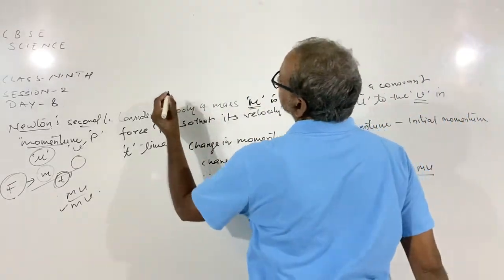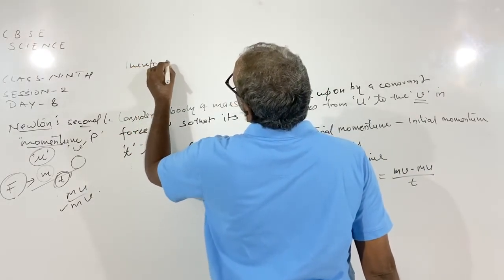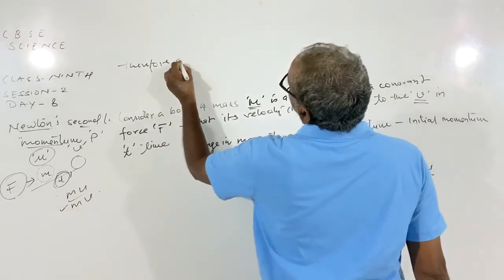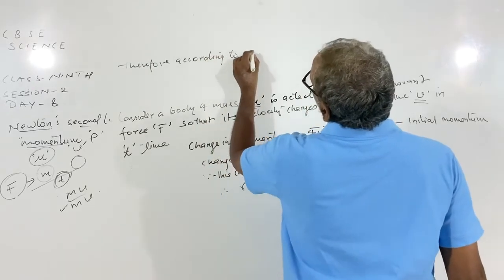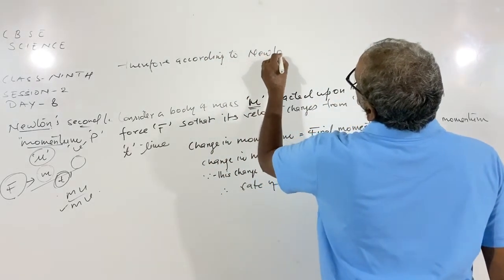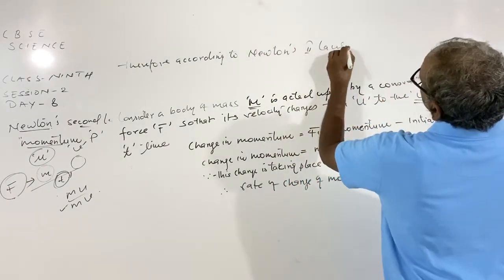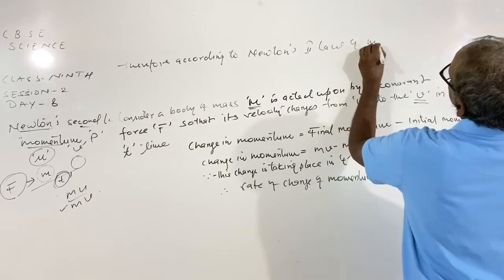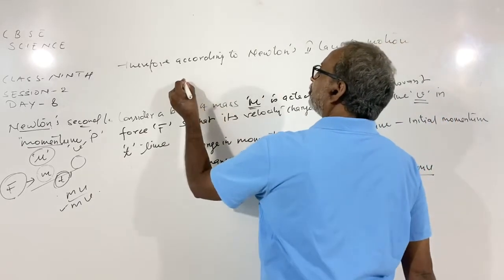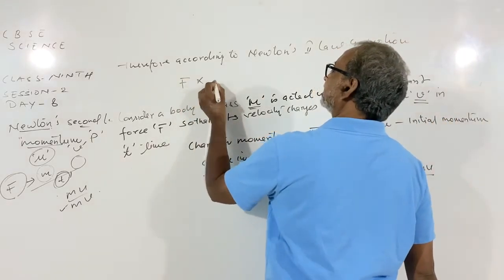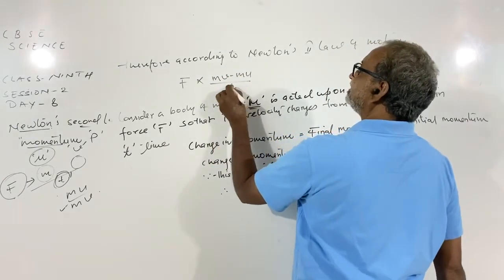Therefore, according to Newton's second law of motion, force applied is directly proportional to mv minus mu over t.